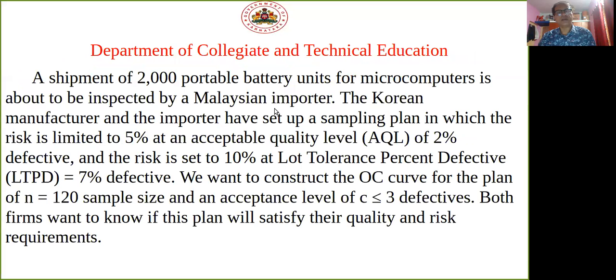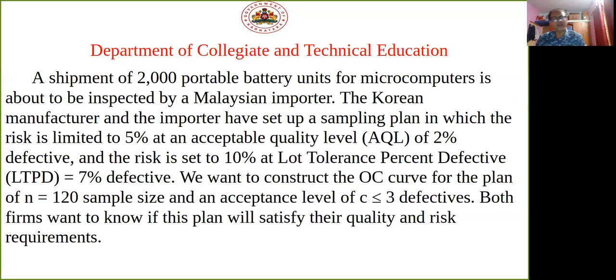Next, we'll take a problem once again. A shipment of 2000 portable battery units for microcomputers is about to be inspected by a Malaysian importer. The Korean manufacturer and the importer have set up a sampling plan in which the risk is limited to 5% at an acceptable quality level.